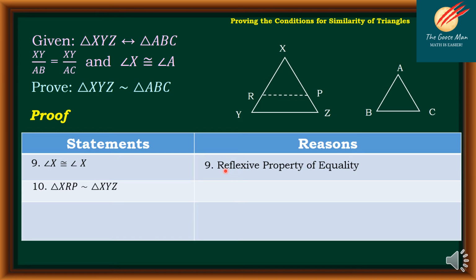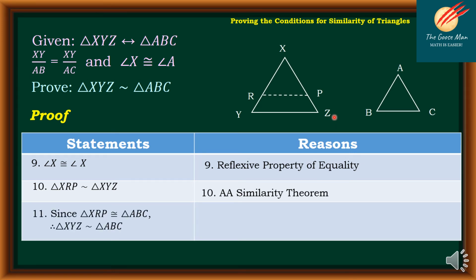For statement number 10, we can say that triangle XRP is similar to triangle XYZ because of the AA similarity theorem. And finally, since triangle XRP is congruent to triangle ABC, we can say that triangle XYZ is also similar to triangle ABC because of the transitive property of equality.